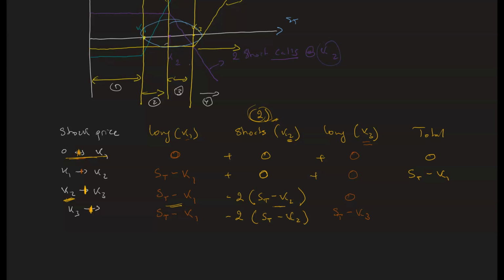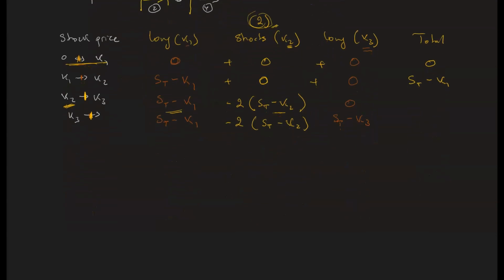So we're working with the third scenario here. We have stock price minus K1, and then minus 2 times the stock price plus 2 times K2.